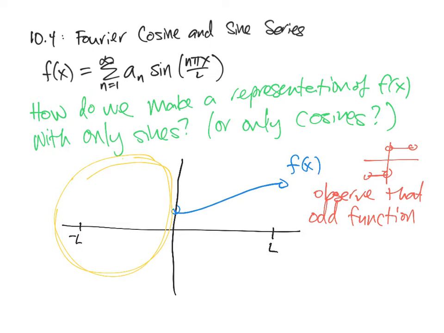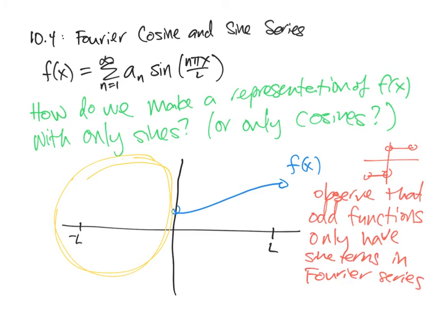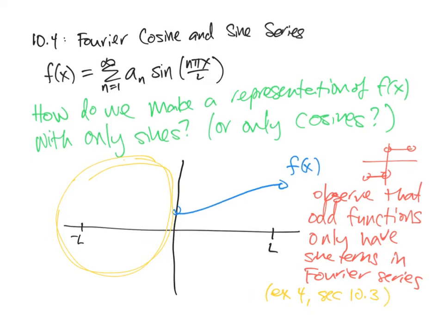All the cosine coefficients went away. So odd functions only have sine terms in the Fourier series. And we can see that in example 4 in section 10.3. So that's one that we did in the last video.